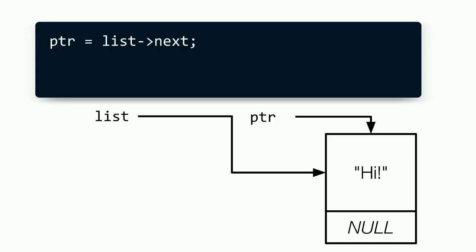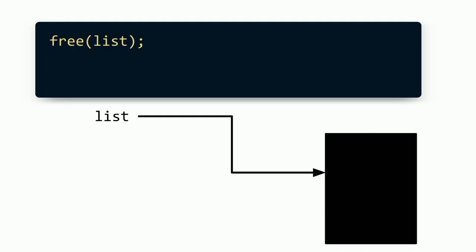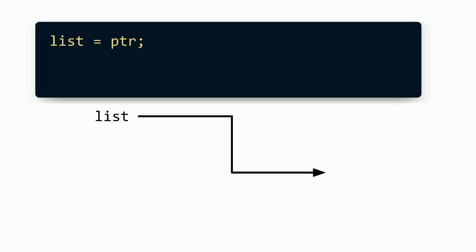What does list arrow next store? Or what does high node point to? Null, exactly. So PTR now will store null, and so we can move forward with that. We're freeing the list, and then we're resetting list equal to PTR.